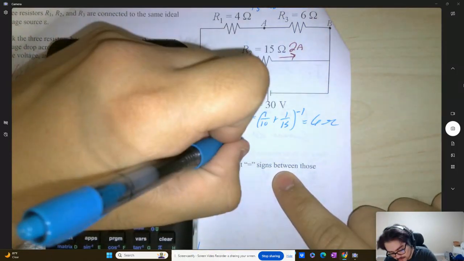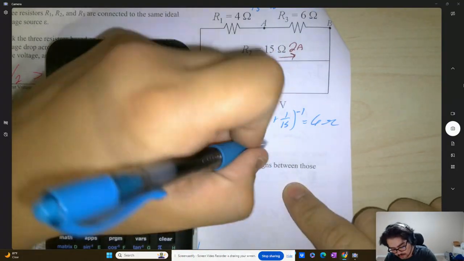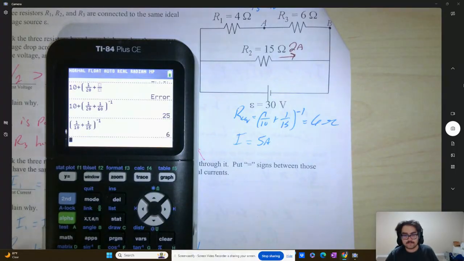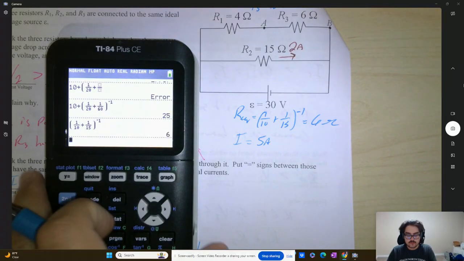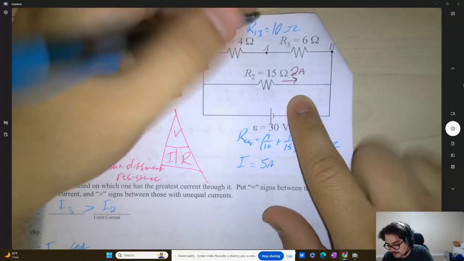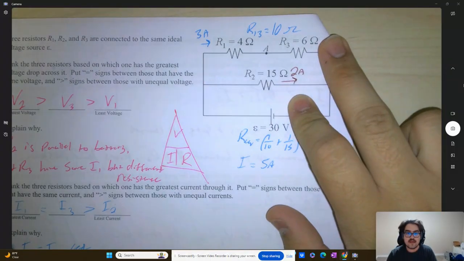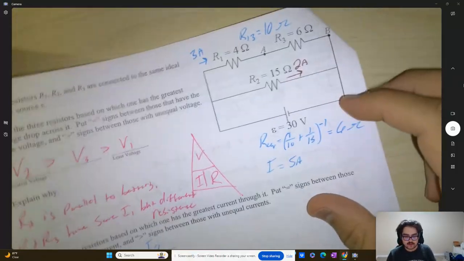Then we can figure out what the current is, which would just be 30 divided by 6, which would be 5 amps. So if 2 amps went down this branch, that means that 3 amps had to go down the other, and 1 and 3 share those 3 amps.